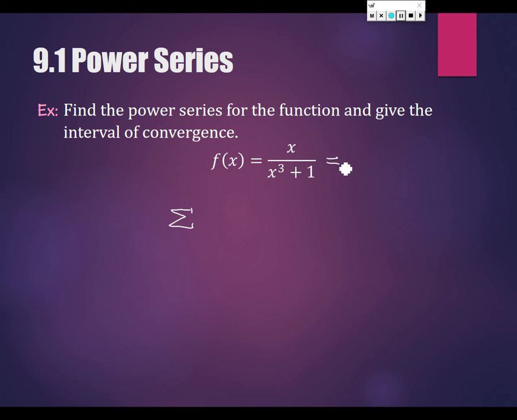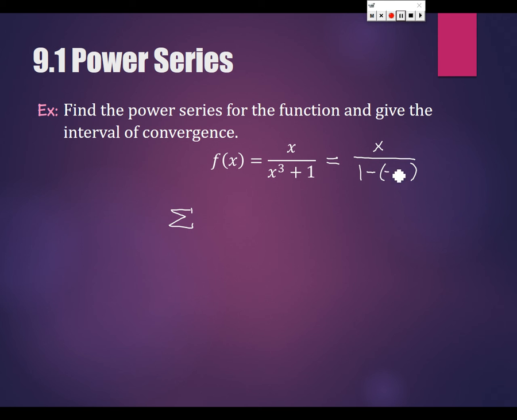This is a little tricky because it's hard to see that this is in the form that we need it to be. Can we rearrange algebraically the bottom to convince ourselves that it's of the form 1 minus r? Can we write it in this form? Sure. What would go in the parentheses?